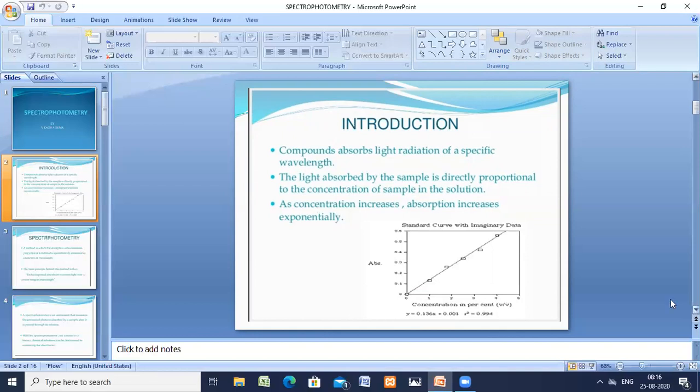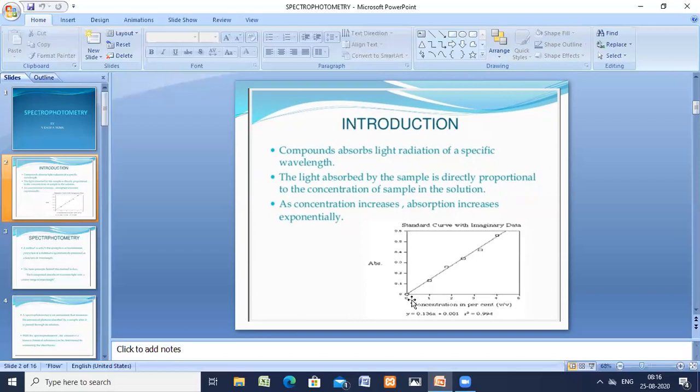Here you can see concentration on the x-axis and absorbance on the y-axis. This is a standard curve drawn with imaginary data.